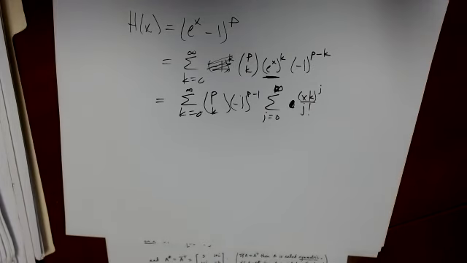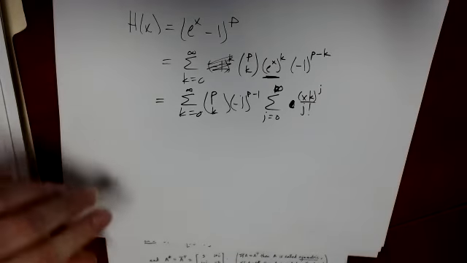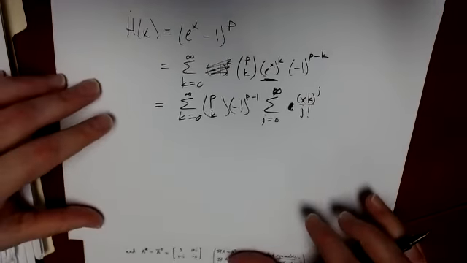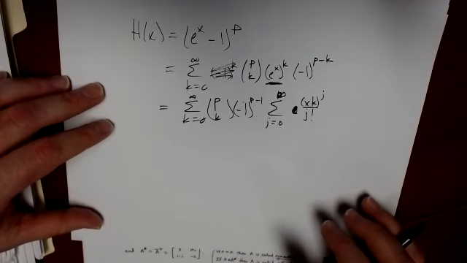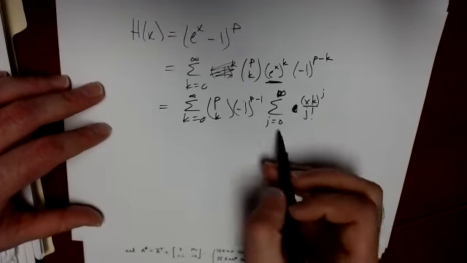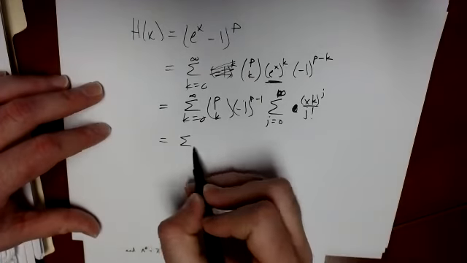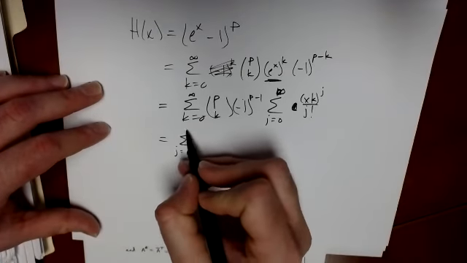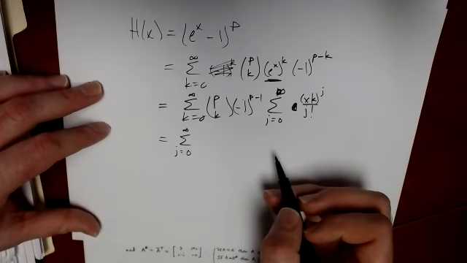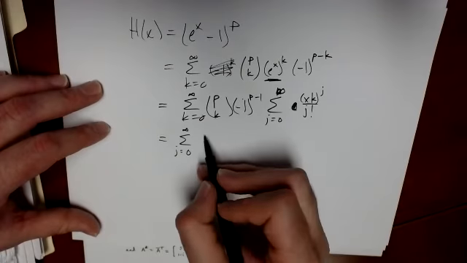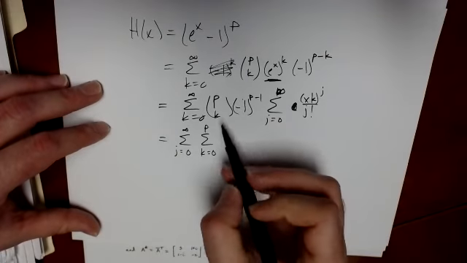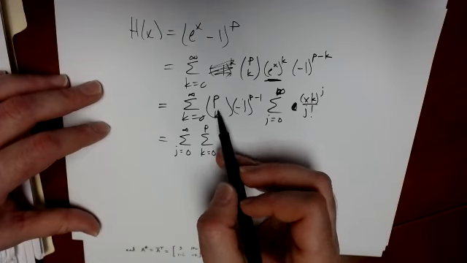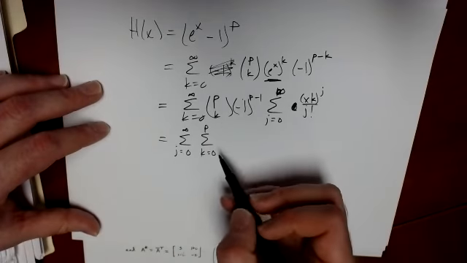That looks a little ugly. Hang on, let's make that nicer. Let us bring the j sum to the outside. The sum as j goes from 0 to infinity. And then that's the sum as k goes from 0 to p. p was an integer here, so we can't go all the way to infinity anyway.